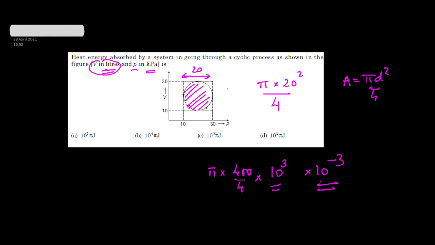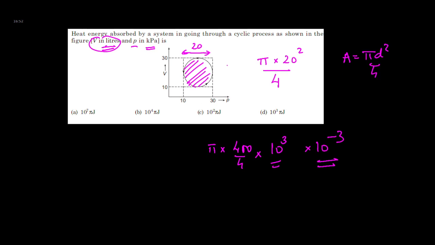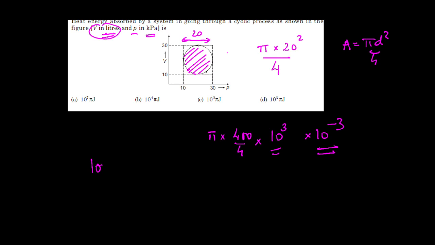Did you understand? This is for kilopascal. Also the volume is in liter. To convert liter to meter cube, multiply by 10 raised to -3. So these two cancel out. So the value will be 100 pi.